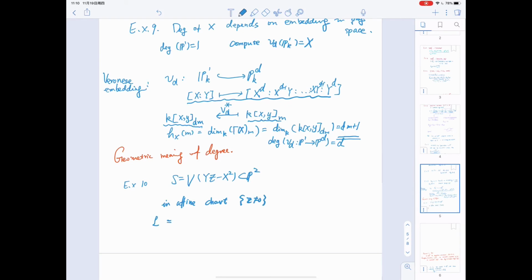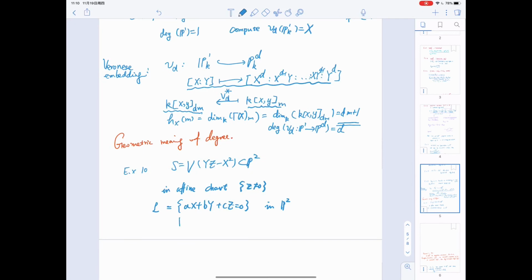Let L be any line in P2. Then, so long as b is not equal to 0, S intersect L belongs to the affine chart.